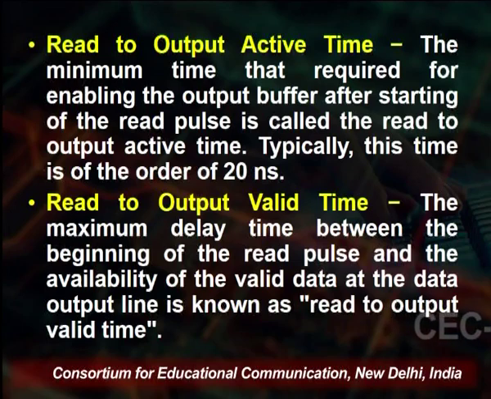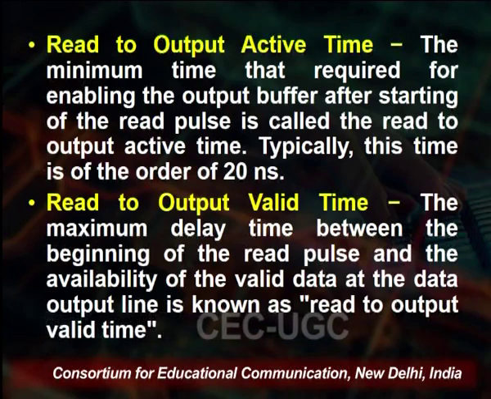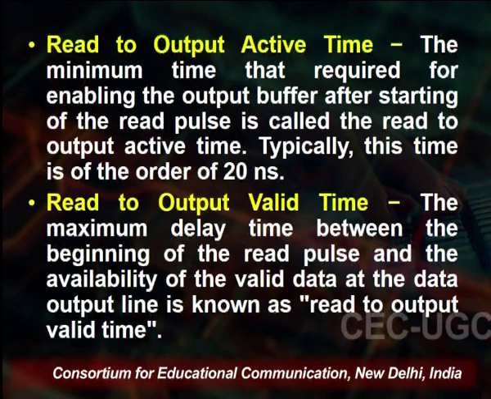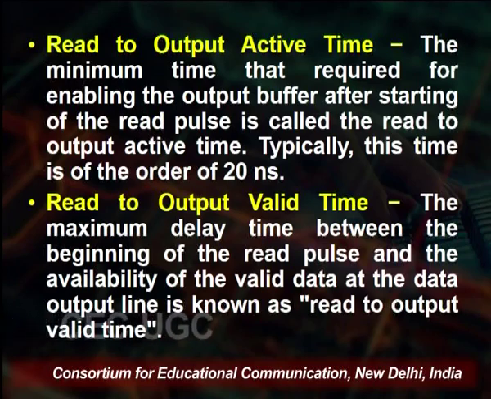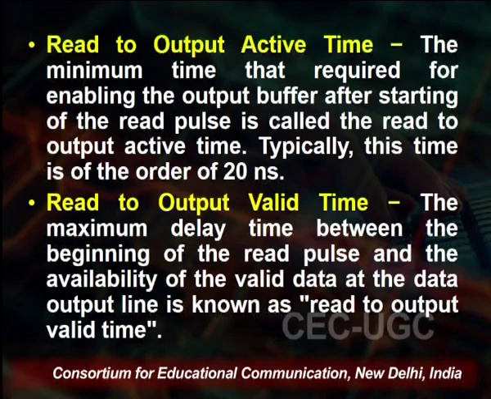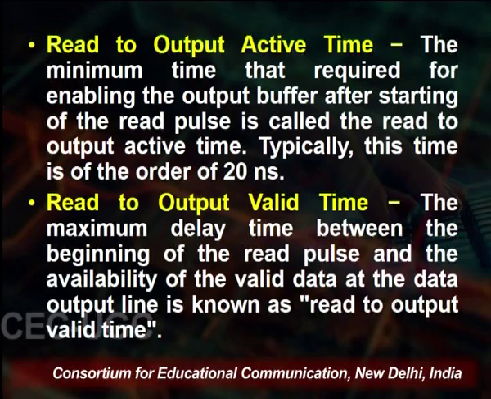Now, next is the read to output active time. This is the minimum time required for enabling the output buffer after the start of the read pulse, and typically it is of the order of 20 nanoseconds. This is a very short pulse.